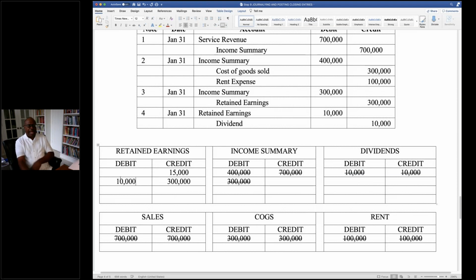So what is our balance in retained earnings now? So what's the balance in the retained earnings T account now? Is it 305,000? Yeah.